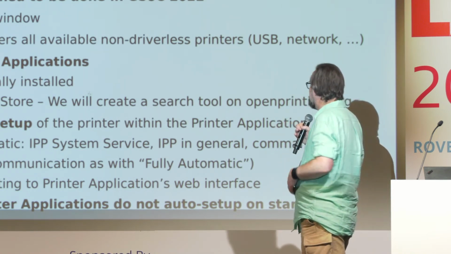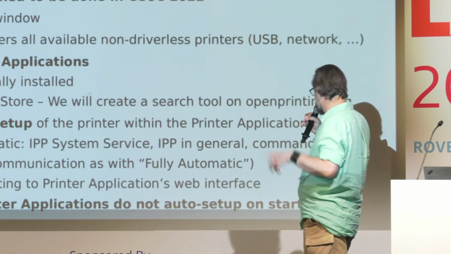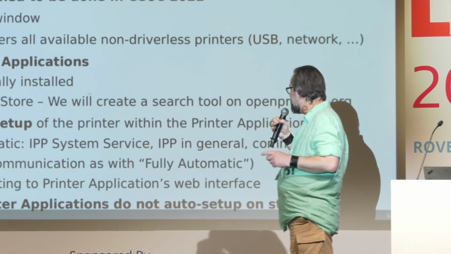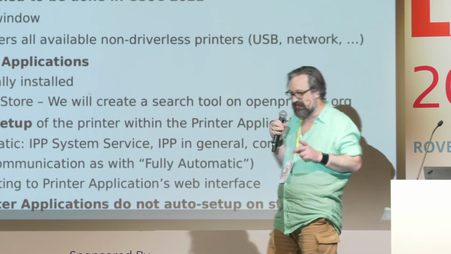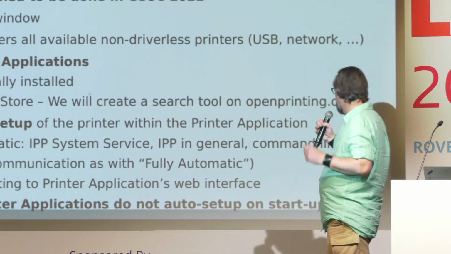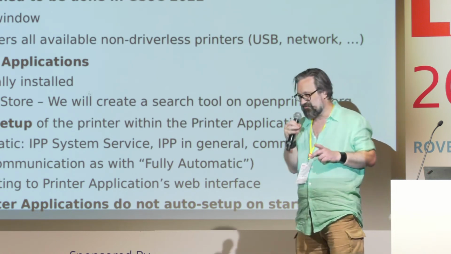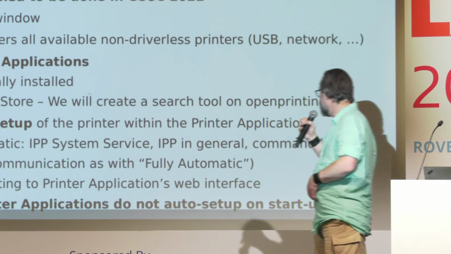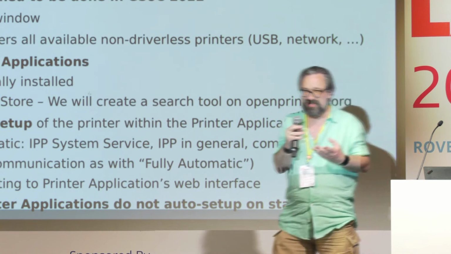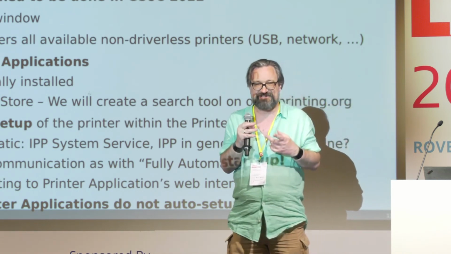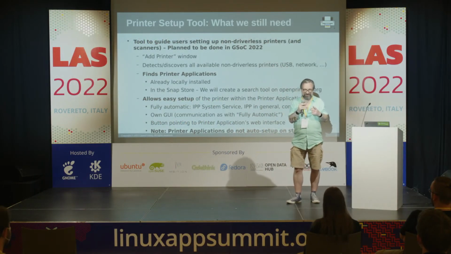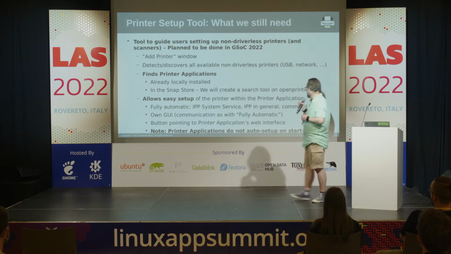We discover all non-driverless printers on USB and in the network. We find printer applications, check also which printer applications are locally installed, perhaps we have already the right one, and for finding out which printer applications are in the Snap Store, we use the service on OpenPrinting. This we have to do, it's a workaround, because I've done a feature request to the Snap Store for searching snaps by hardware signature, and no one has worked on that.